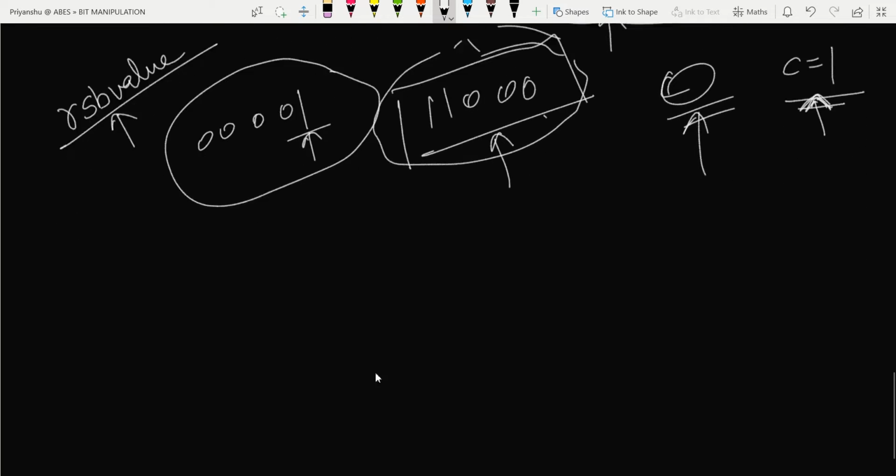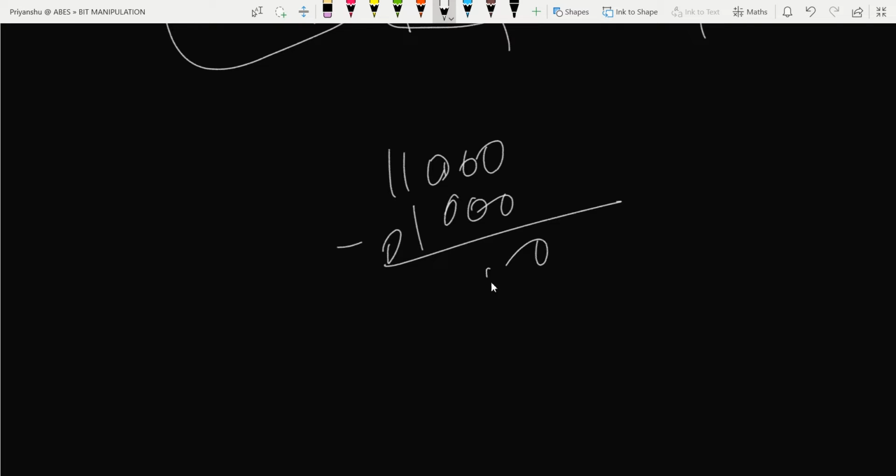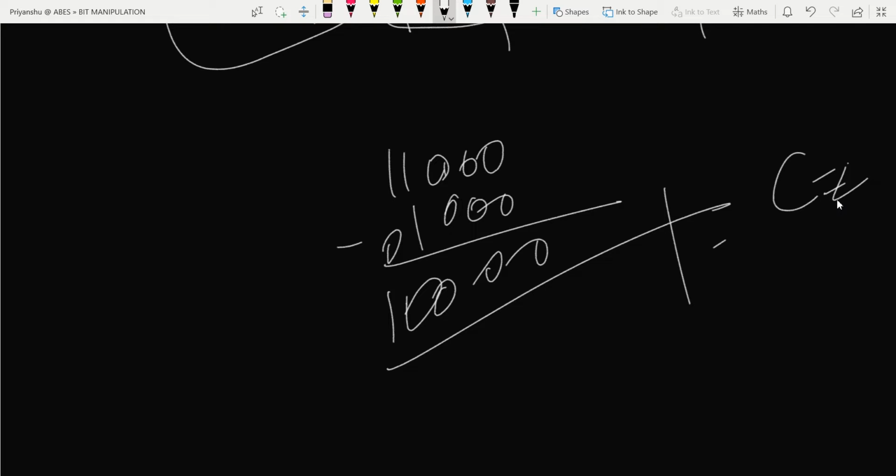So we have 11000. We again find the rightmost set bit value. It would be 10000. We subtract it from it, so it would be 0 1. We are keeping a count, it would be 2. Now again we check if the number has reached 0.